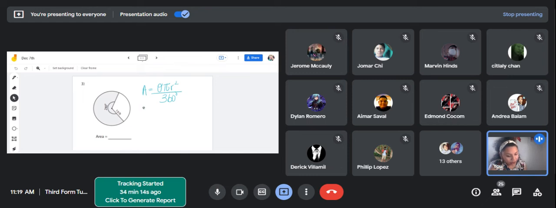What is theta for this question? 240 degrees, very good. The value of pi is 3.142. And what is the radius? 19, and then 19 is squared over 360 degrees. What is your answer?